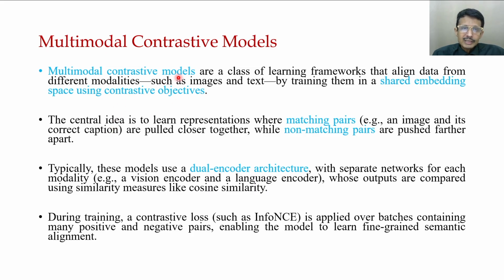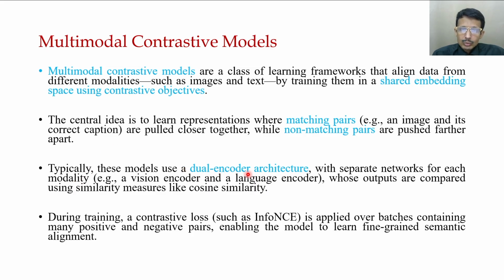We know what the contrastive thing is: pairs of data which are close are put in close vicinity, and those which are different are put at a distance. The central idea is to learn representations where matching pairs, an image and its correct caption, are pulled closer together, while non-matching pairs are pushed further apart. That is the basic idea of contrastive learning.